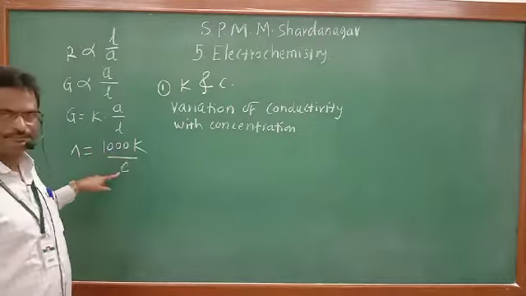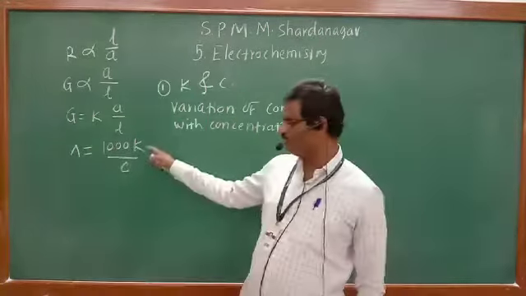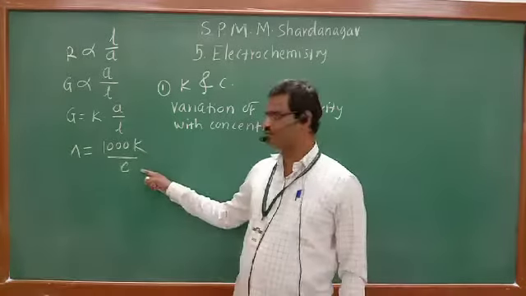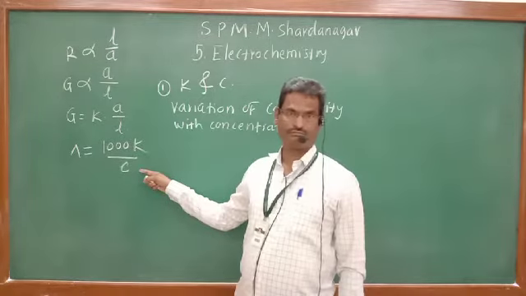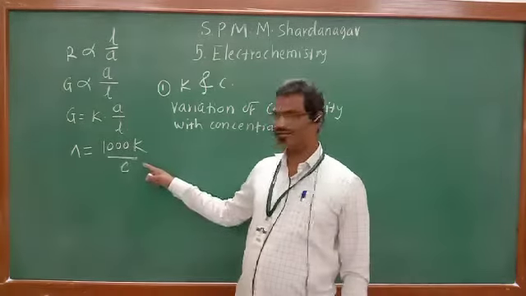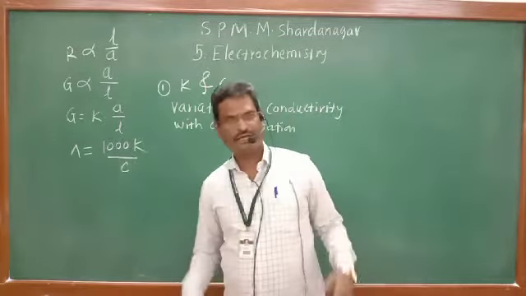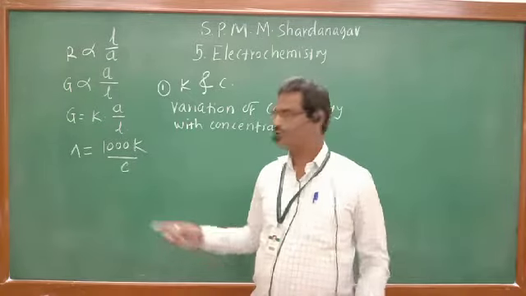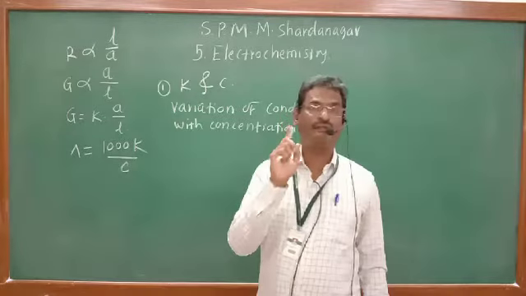So from this equation, since their ratio is constant, K divided by C is constant, and we know any two quantities of which the ratio is constant are directly proportional to each other.